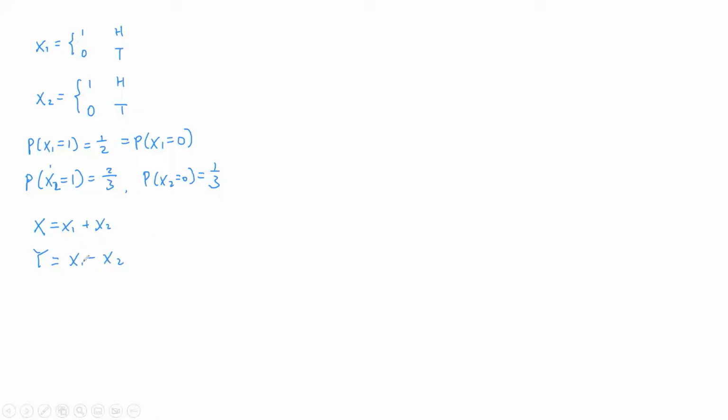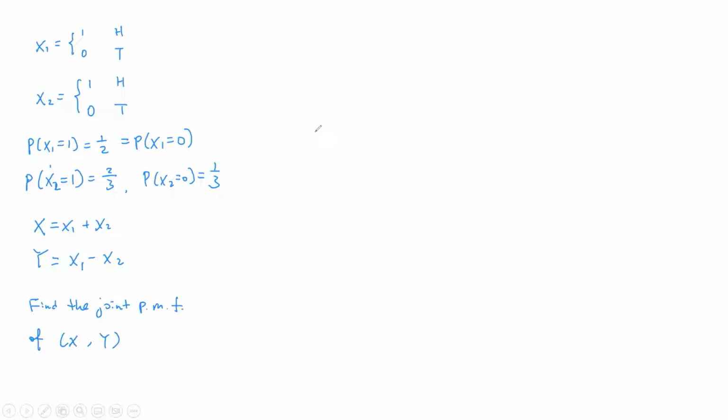And we're looking for the joint PMF of X and Y, two random variables. For this problem, it's probably more convenient to use a table to list all the probabilities.